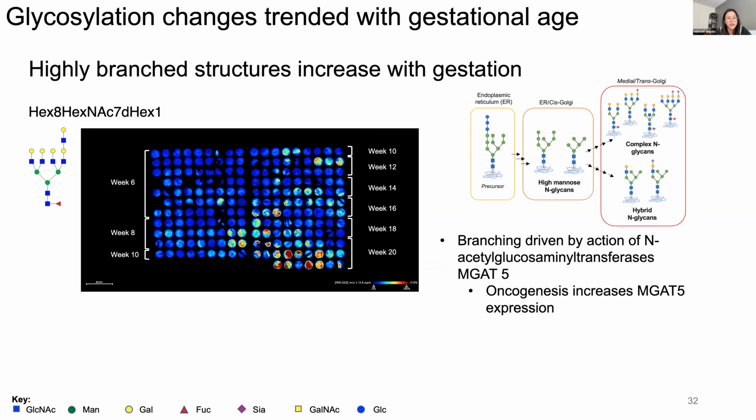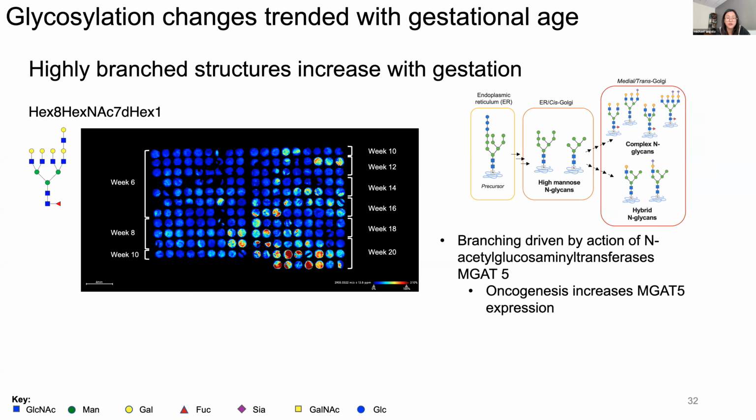So going a bit more into the structure of this glycan, we know that it belongs to a class of glycans called complex structures, which are characterized by branching. Each branch comprises a disaccharide unit of GlcNAc and galactose. When there are 4 or more of these branches, we call them highly branched structures.